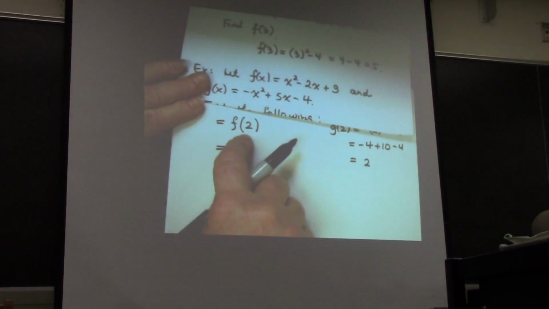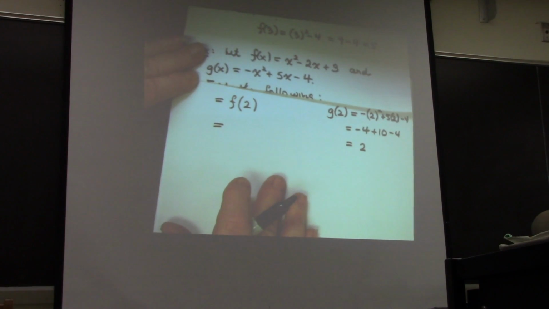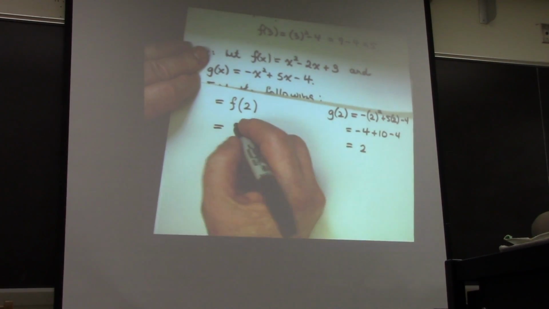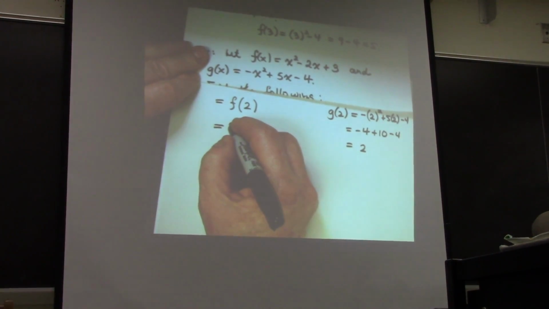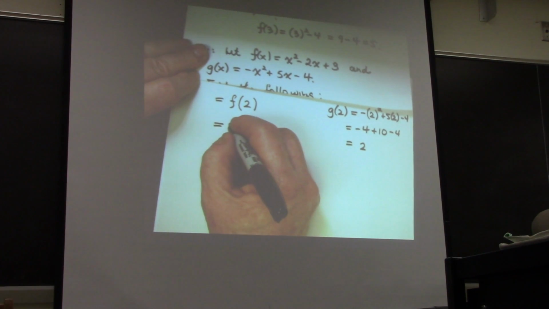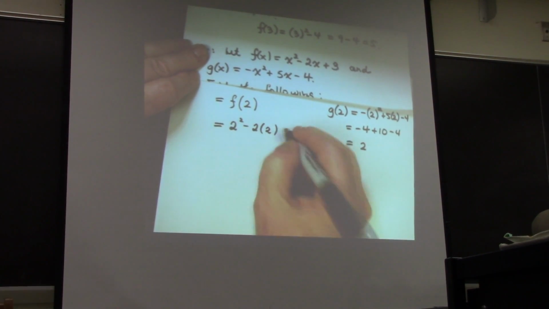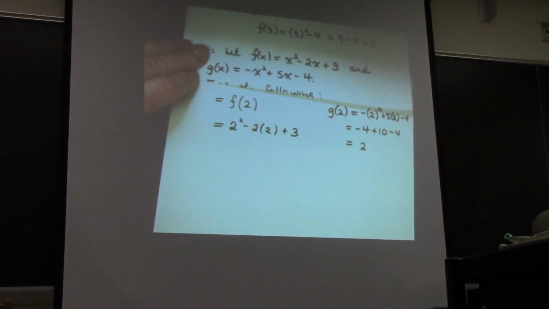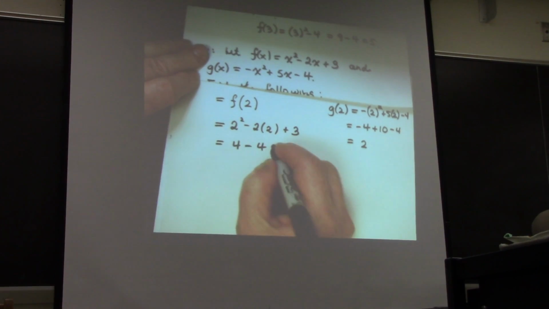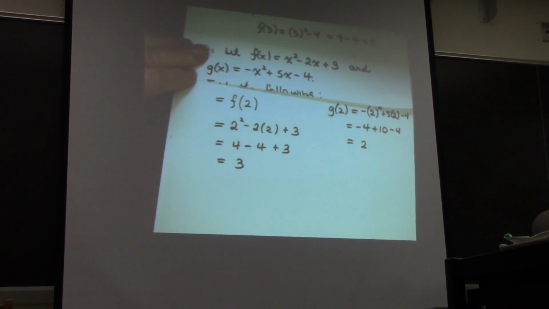So now I'm going to plug 2 into the function f. So what am I going to get? Two squared minus 2 times 2 plus 3, or 4 minus 4 plus 3, or I guess 3.